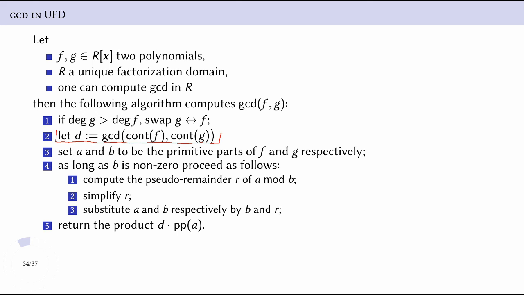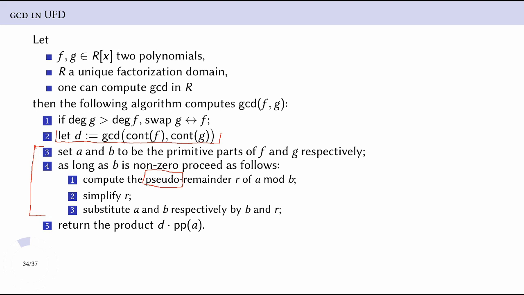Starting from point 3, this part is nothing else but the standard Euclidean algorithm with just a single change, that we use pseudo remainder instead of a remainder, but everything else is the same. We replace a by b and we replace b by r.